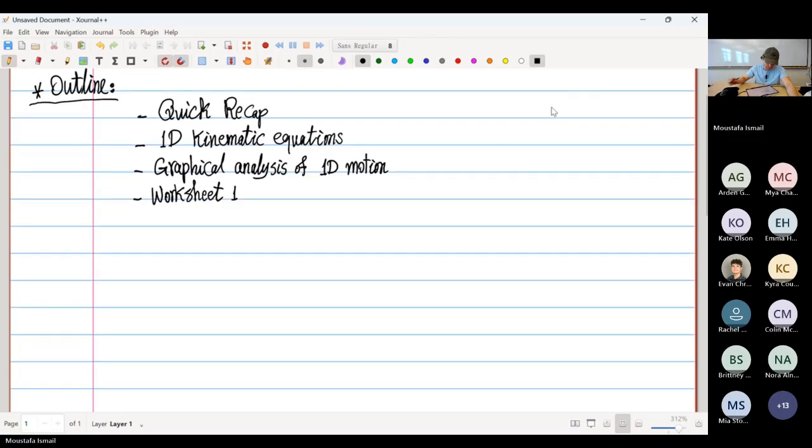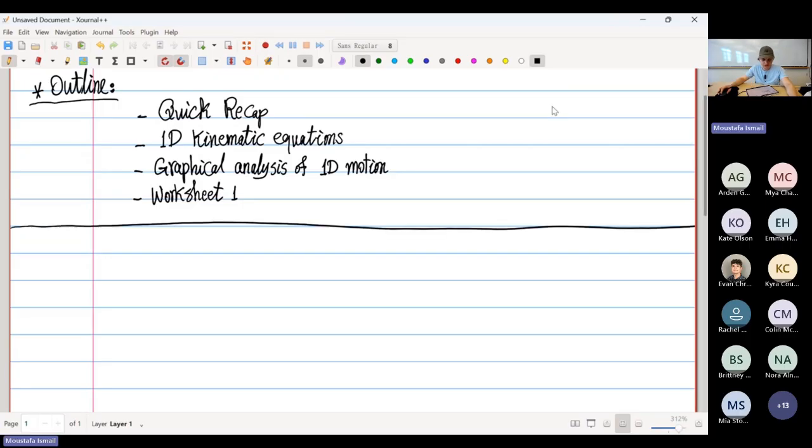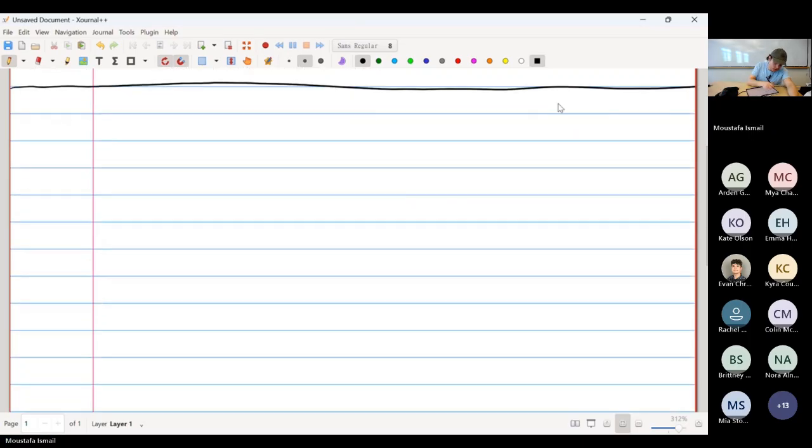Okay. So let's get started with what we have. So the quick distinction we mentioned last time briefly is that we have vectors and scalars.